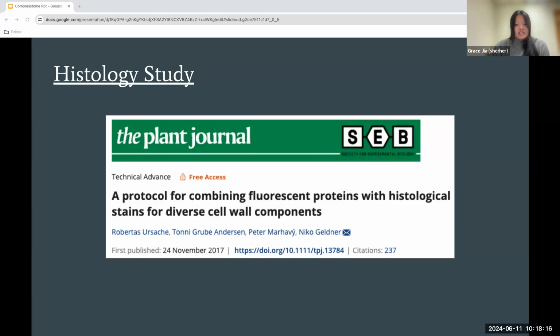This paper investigates the use of ClearSee, which is a solution, as a method for combining fluorescent proteins with histological stains in order to observe cell wall components. Although this paper uses Arabidopsis roots as their study organism to show the histological stains that they will be using, these methods were adapted to the woody stems that we are using in this project.